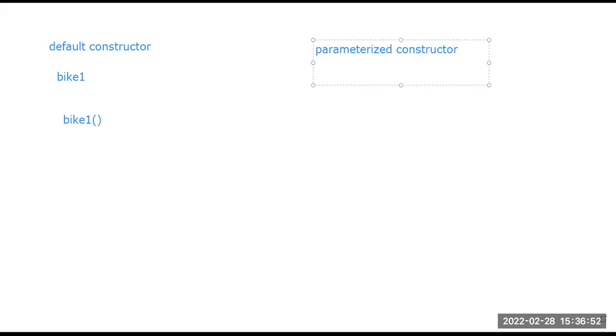So in the default constructor, there are no parameters and default values are provided, but in the parameterized constructor, there are parameters, and with respect to those, different values are provided. Now if I write an example for a parameterized constructor, it will be very easy to understand.